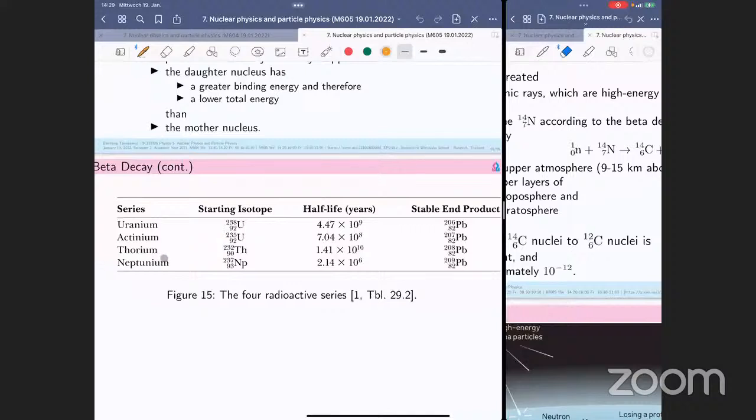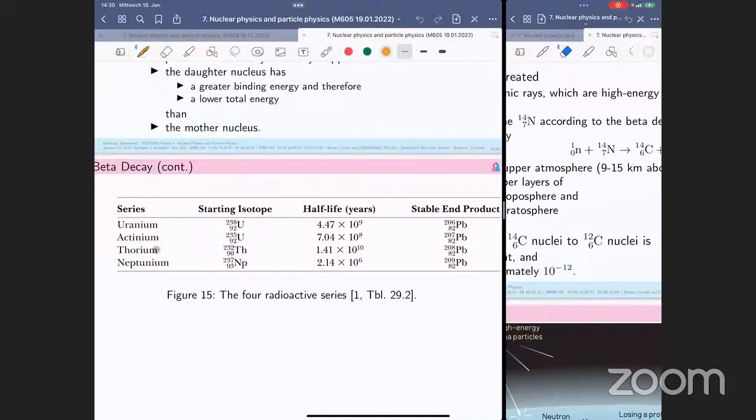The more stable one is thorium. Thorium is denoted by 232, the number of nucleons in the nucleus, protons plus neutrons. But the number of protons is a little bit lower, it is 90, two protons less than uranium, because they have smaller protons, they have smaller neutrons too.